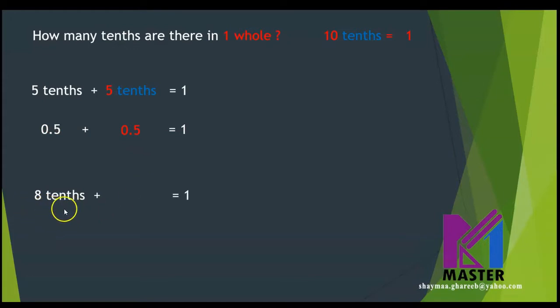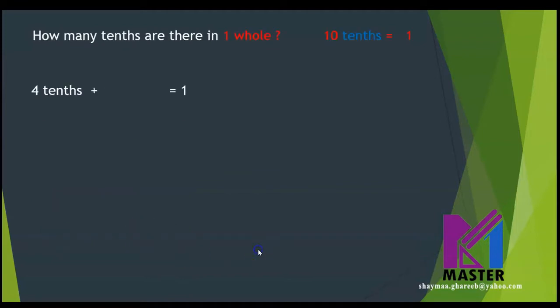If I have 8/10, then I need 2 more tens. So 8 and 2 is 10, so it's 10/10, which is 1 whole. As we said, 1 whole equals 10/10, and 10/10 equals 1 whole. In decimal form, 8/10 equals 0.8, then the 2/10, 0.2.